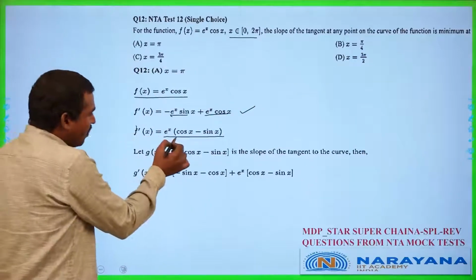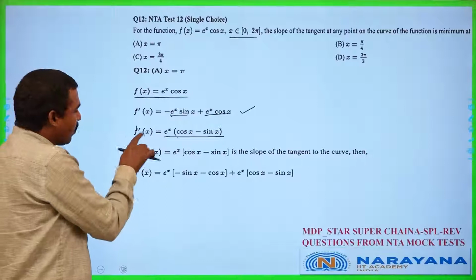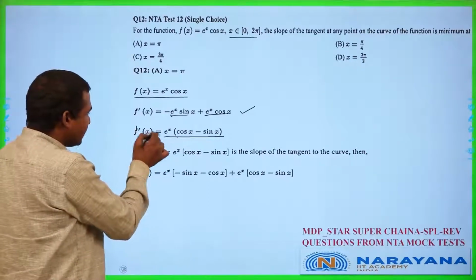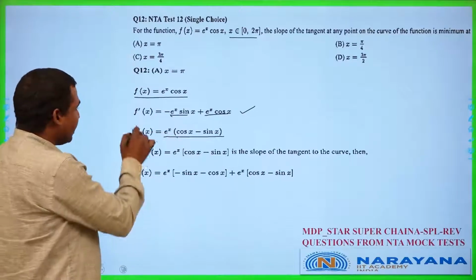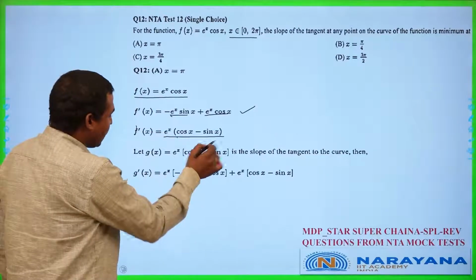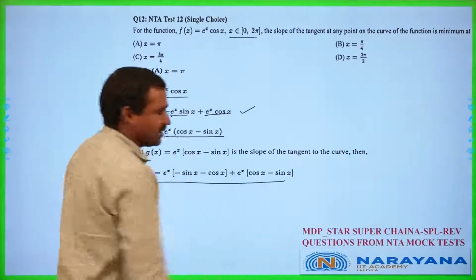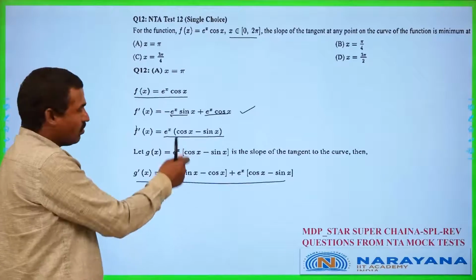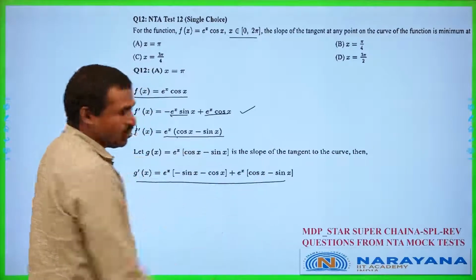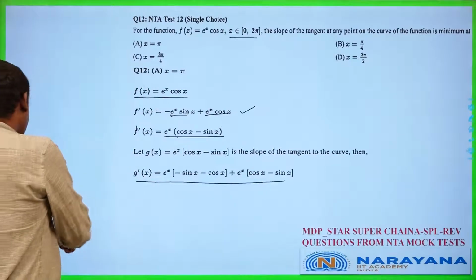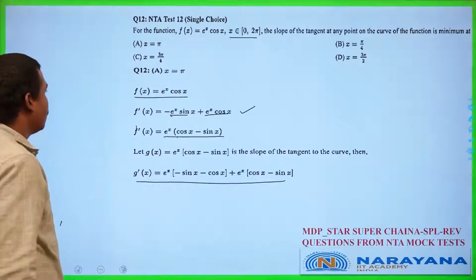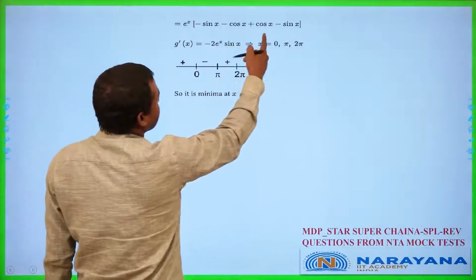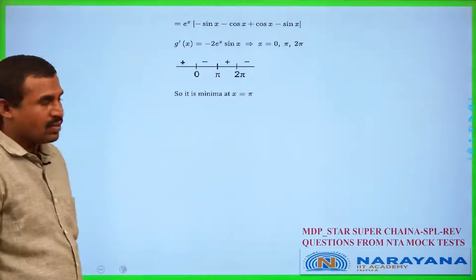So, to find the minimum value of this function, find critical points of f dash x equal to 0. So, to find critical points, let us consider the derivative of f dash x, that is f double dash x. If you take this as g of x, then it is g dash x. So, g dash x is again, by the UV method, e power x into (minus sin x minus cos x) plus e power x (cos x minus sin x).